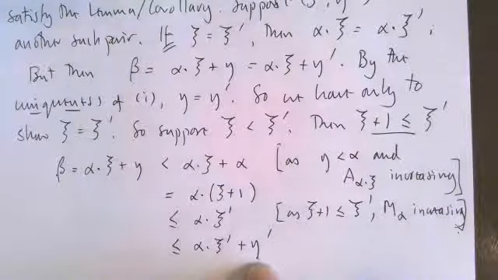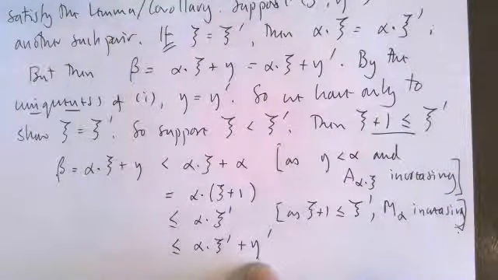For some n, I'm going to have omega squared times n is less than or equal to alpha, and omega squared times n plus 1 is too far.